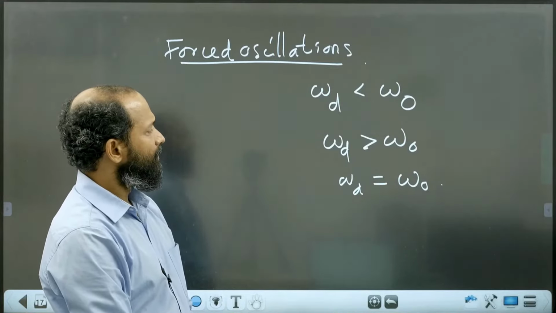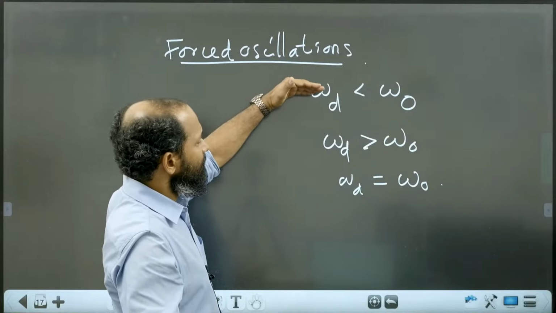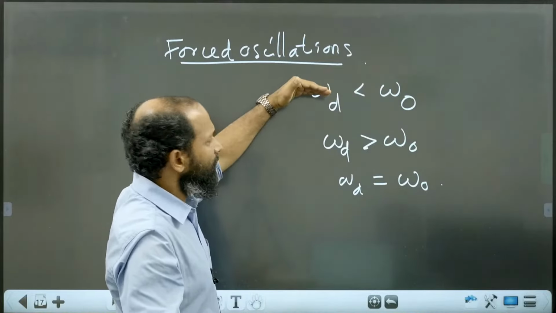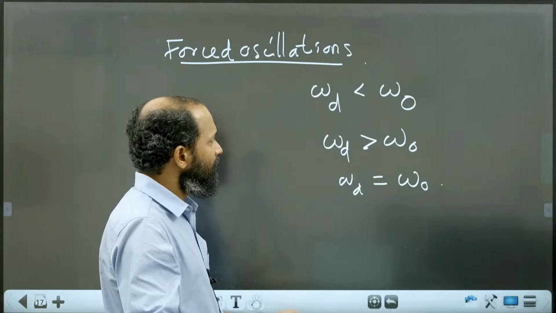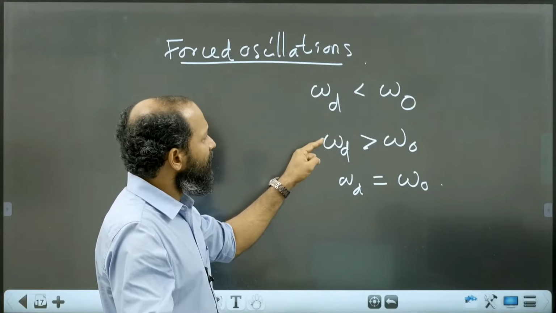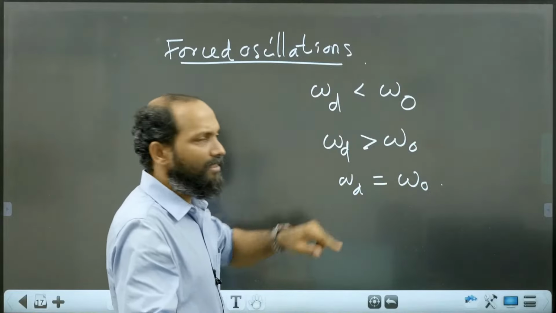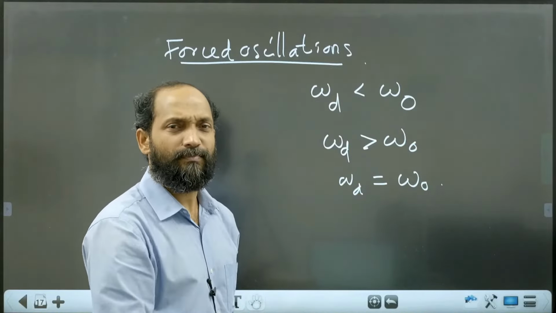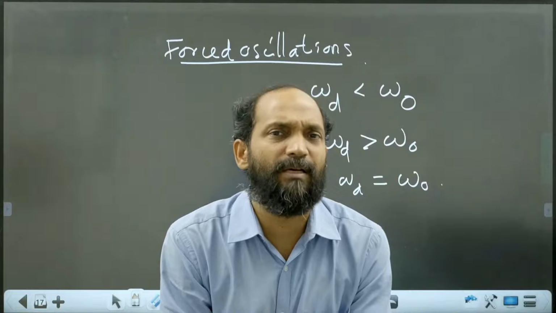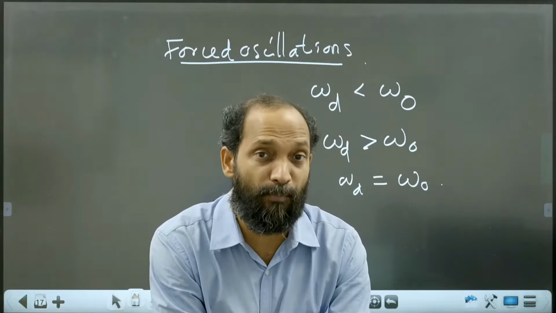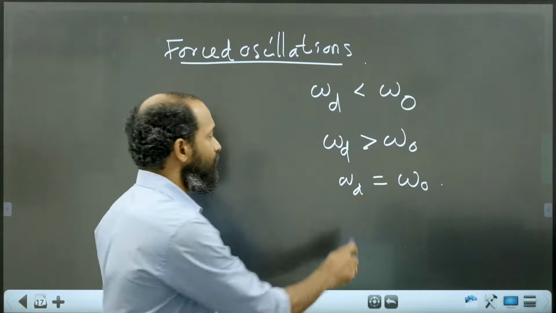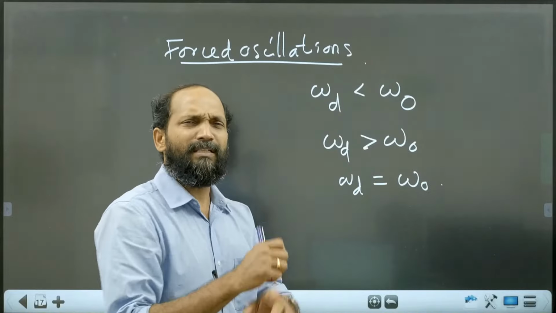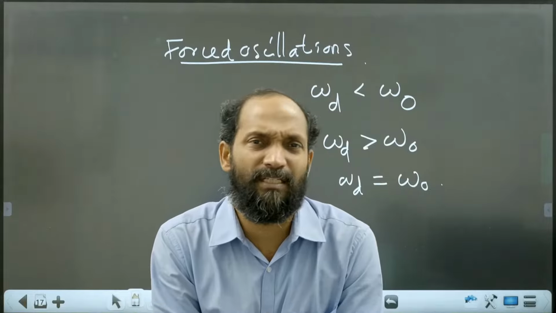In the first case, the vibrating system will have smaller amplitude and smaller energy. In the second case, when the driving frequency is greater than the natural frequency, the vibrating system also has lesser energy and lesser amplitude, but when omega d equals omega 0, the vibrating system has maximum amplitude and maximum energy.